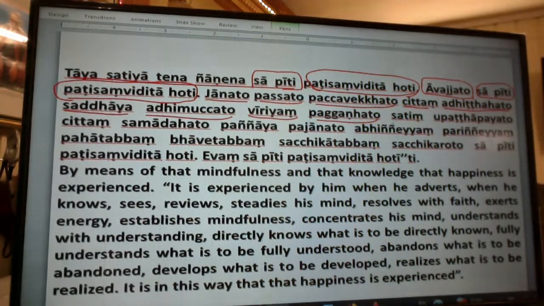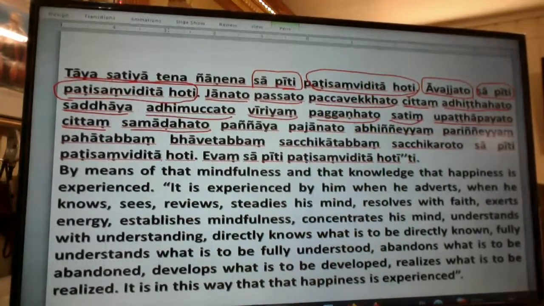And then Sati, which we need in many dhammas. Sati is mindfulness. Upatthapayato: establish, very strongly establish. Okay? Cittam Samadahato. Citta is mind, but mind here means concentration.